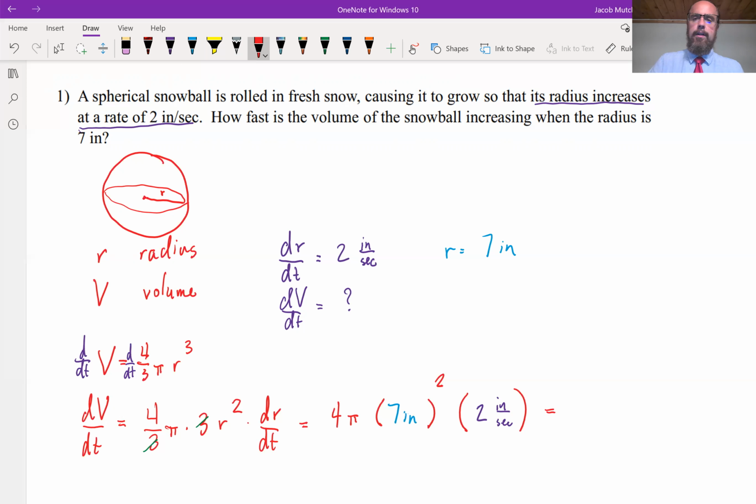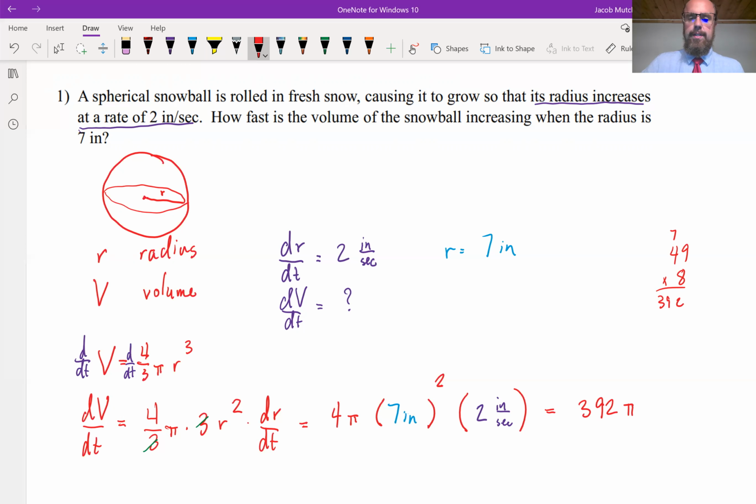So I do see I've got a squared 7 inches. So that's going to be 49 times 4 times 2. So 49 times 8. Let's multiply that out. So that's going to be 392 pi.